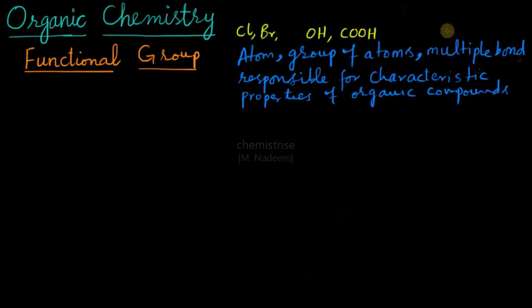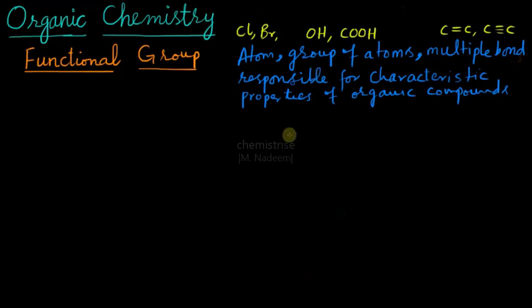Multiple bonds can be like C double bond C, or C triple bond C. So when one of these groups is present in an organic compound, due to these groups of atoms, the compound behaves differently from others. It has some specific properties. So each group imparts some specific properties to the compound, and such an atom or group of atoms or multiple bond is known as a functional group.